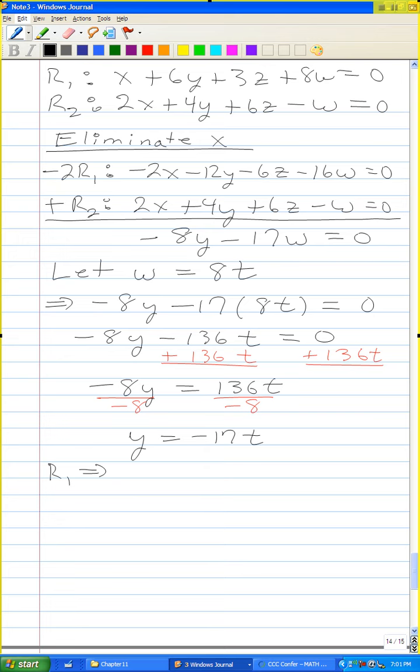So the other one I'll call s. R1: x plus 6y plus 3z plus 8w equals 0.